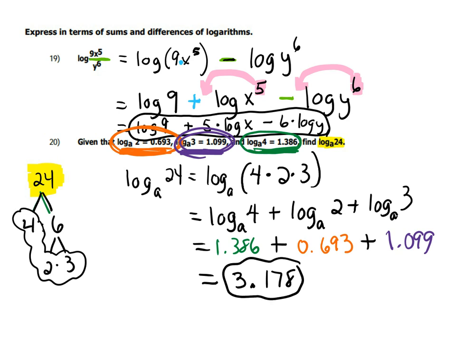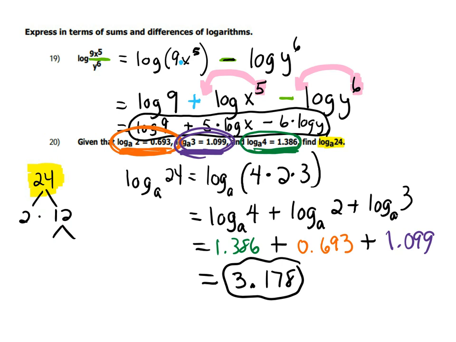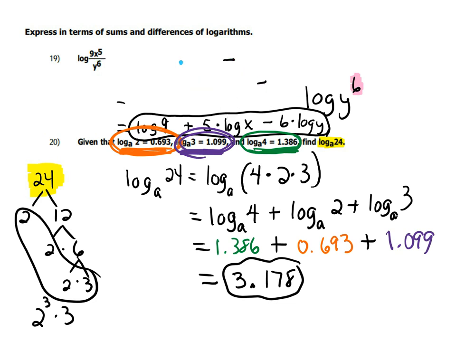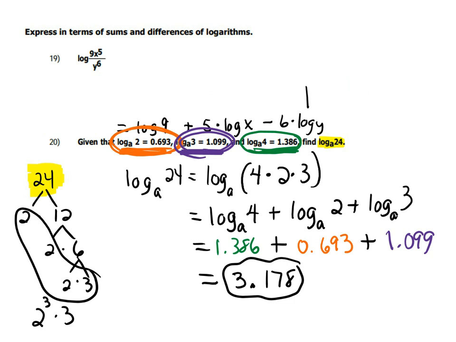You could have instead said, okay, this is 2 times 12. 12 is 2 times 6. 6 is 2 times 3. And then what you've got is a 2 cubed times 3. So let me come back up here where there's space so I can show you what I'm doing on this version.